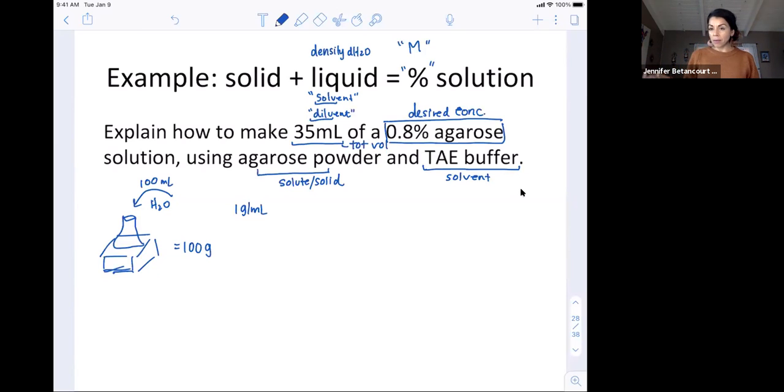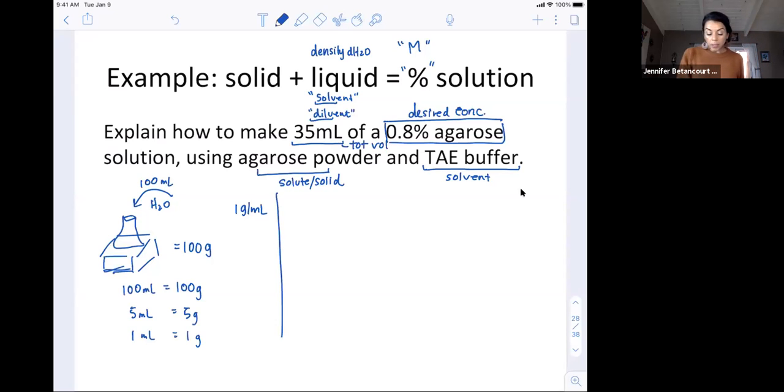It means that every milliliter of water actually weighs 1 gram. So 100 mL would weigh 100 grams, 5 mL would weigh 5 grams, 1 mL would weigh 1 gram. That's what the density of water means.